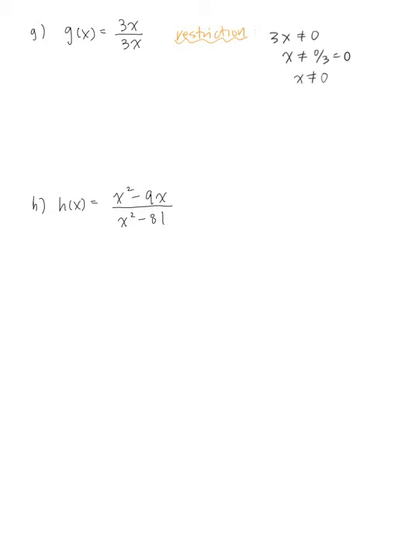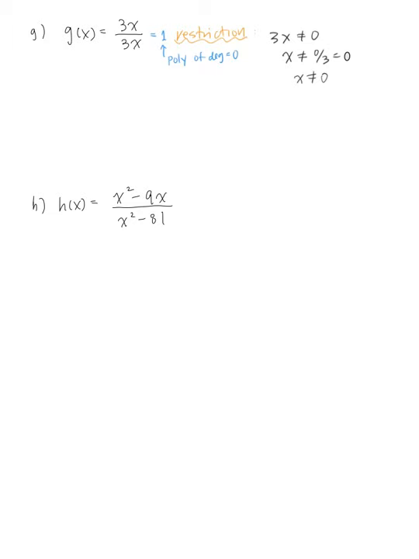Now, if you simplify this, let's just do it in the wrong way. If I simplify this, yes, I know this equals 1. But the thing is, 1 is a polynomial of degree 0, which means that the domain of g, you would say, is all real numbers.